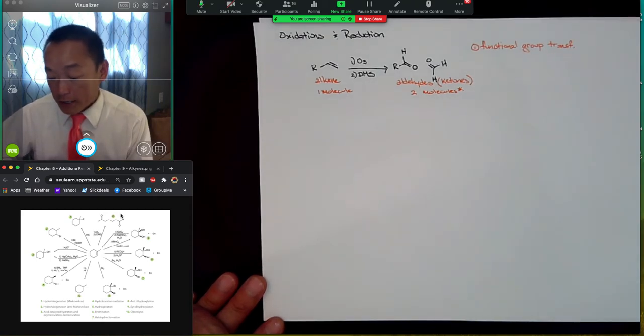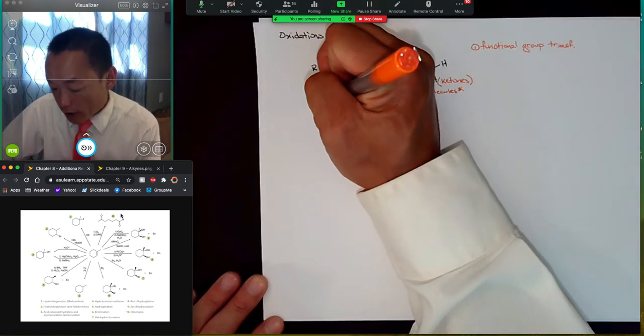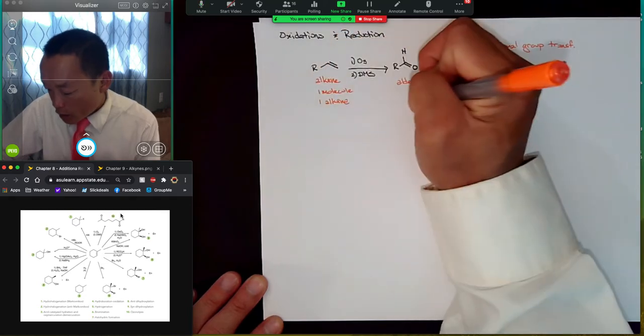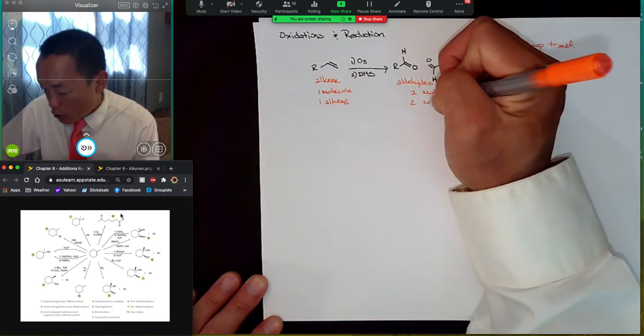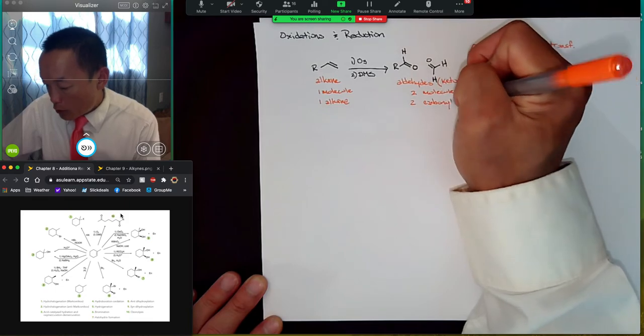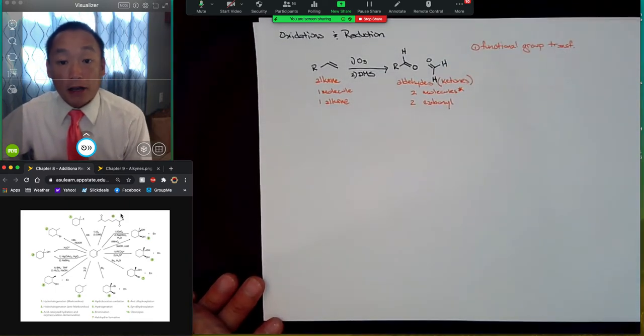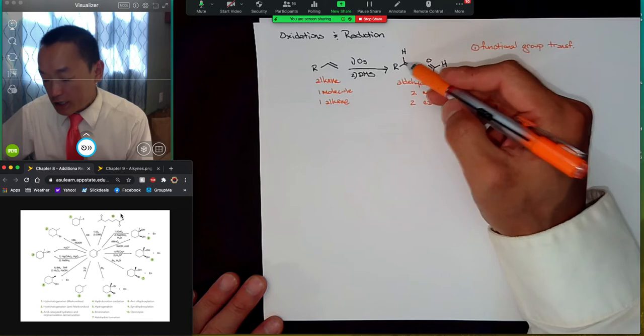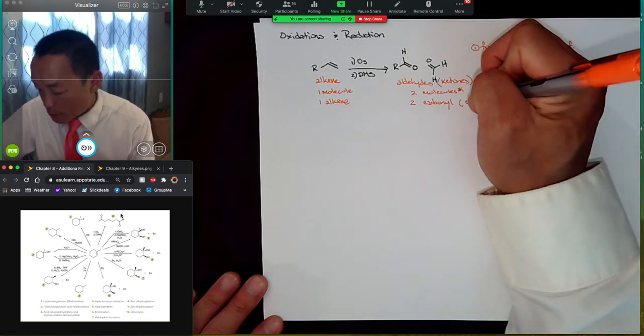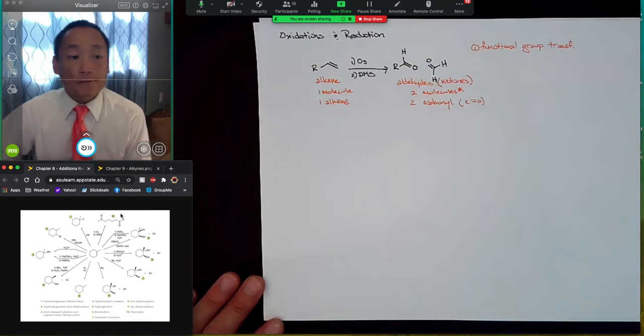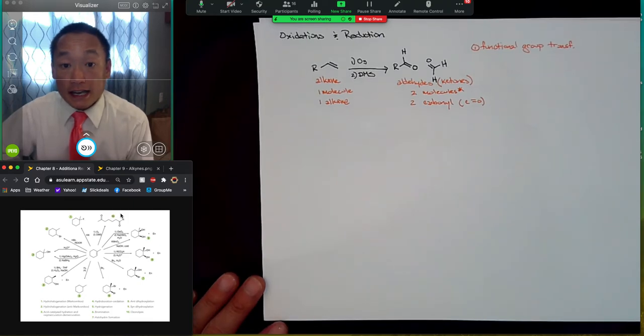The best way to say this is you will be going from one alkene to two carbonyl-bearing molecules, two of these C double bond O's. So that's the functional group transformation that's taking place.